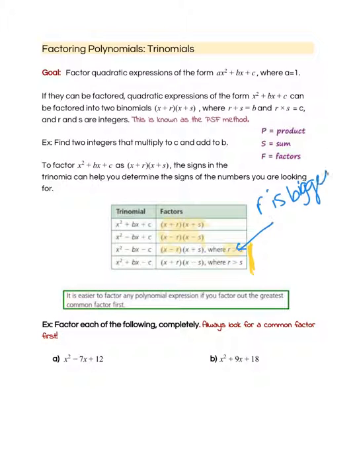If we have a plus value for our b and a negative value for our c, then that means s is bigger than r. I just realized that there is a typo in here. This should say s is bigger than r.